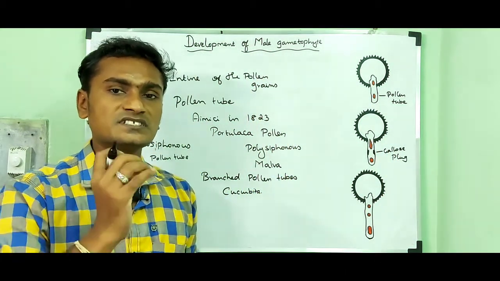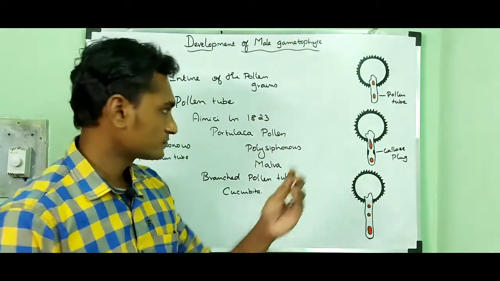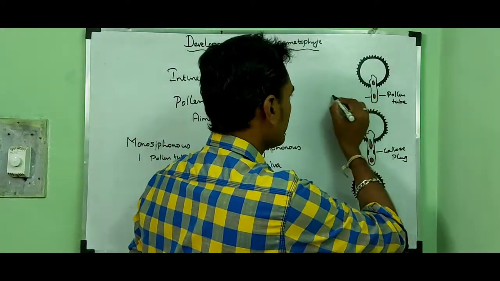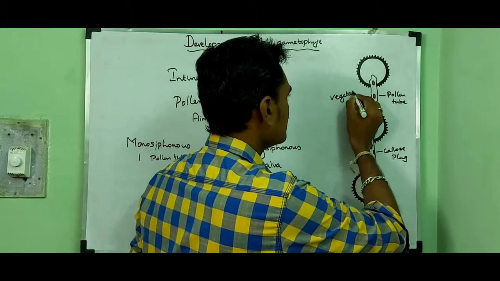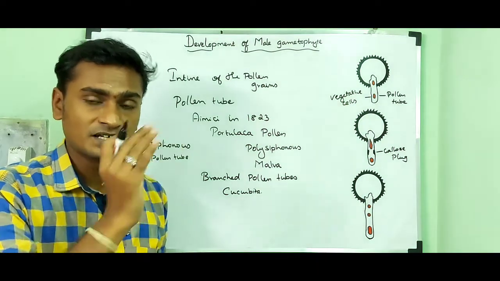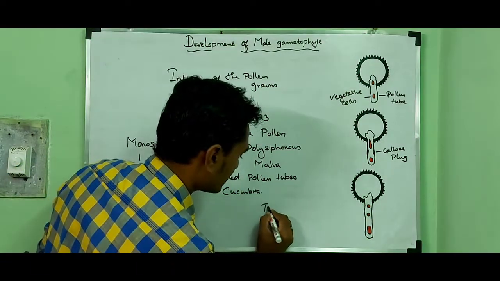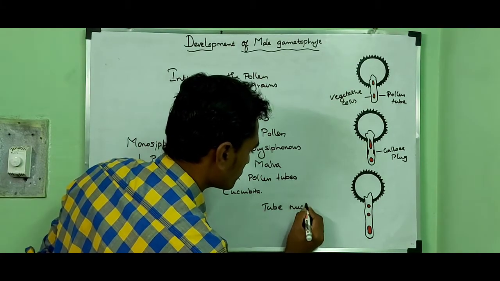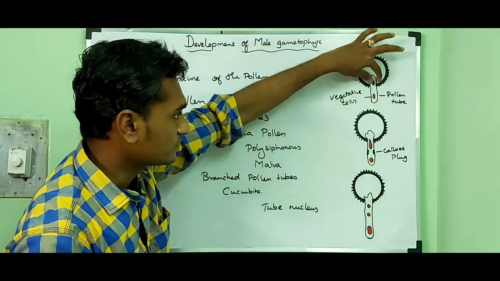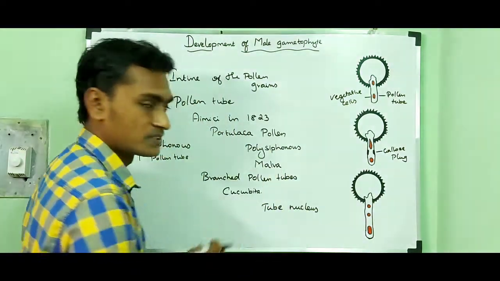Then the vegetative cell moves first towards the pollen tube, and it acts as the tube nucleus. இந்த vegetative cell தான் pollen tube பார்த்து first என்ன ஆகி வரும்? Move ஆகி வரும். And it acts as tube nucleus.